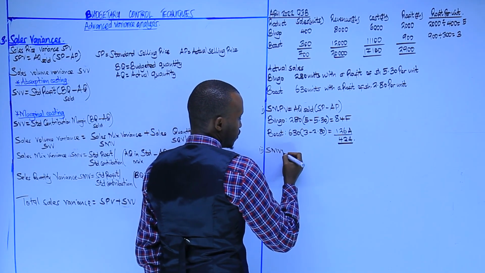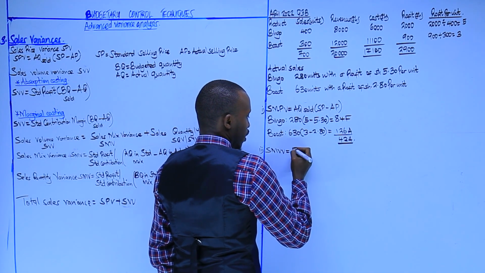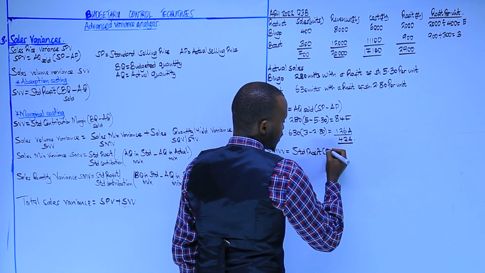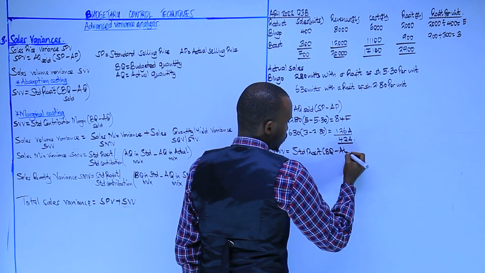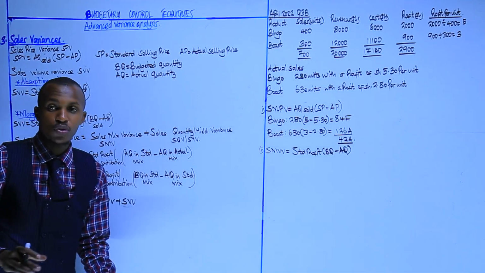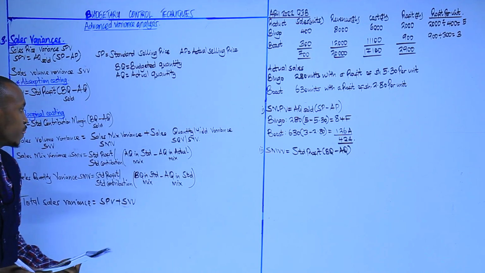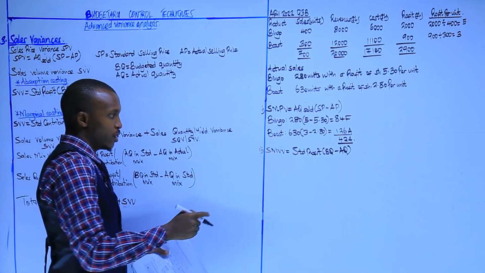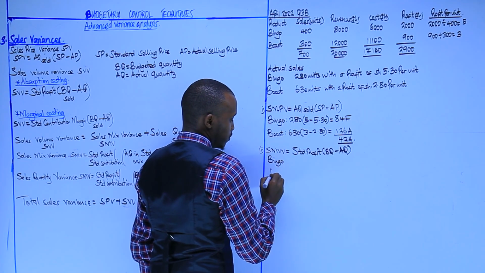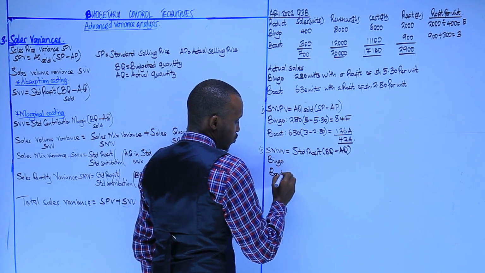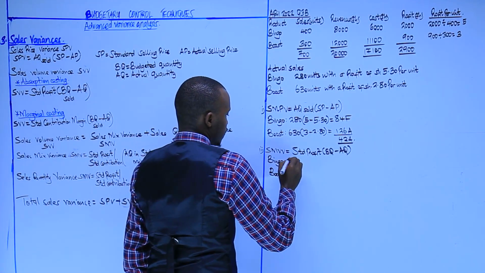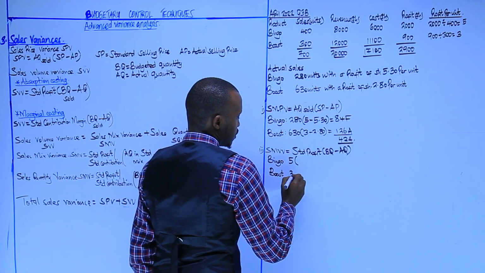Sales margin volume variance. How did we say you get that? You're going to take your standard profit, budgeted quantity sold minus actual quantity sold. You have 2 products, Bingo and Boost. Your standard profit was 5 and this was 3.